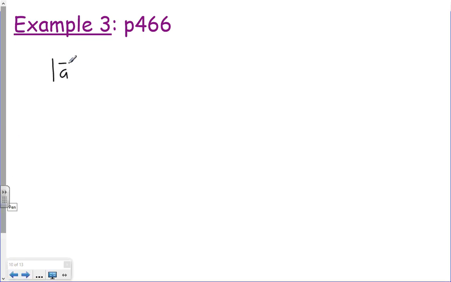They said that the magnitude of vector A is equal to 3. And they said the direction, I'm going to call it theta, is equal to 143 degrees. Okay, so those are the two pieces I need in order to write this in its component form. That was the last thing that we said on the previous slide.